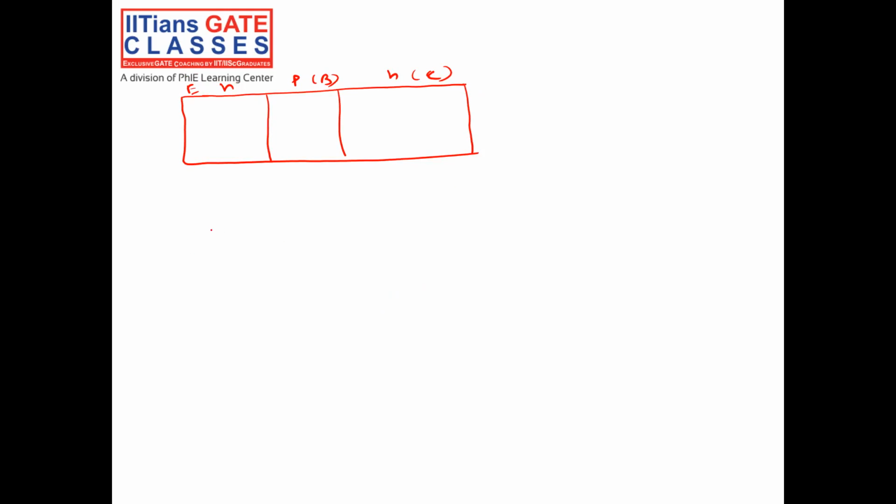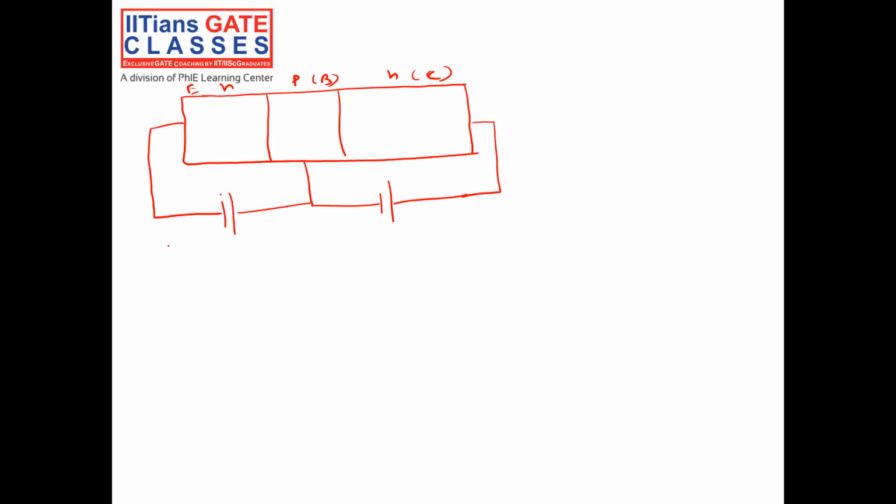In the active region, this is my emitter, this is my base, this is base, this is collector. So NPN, so N should be here. This is my active region.